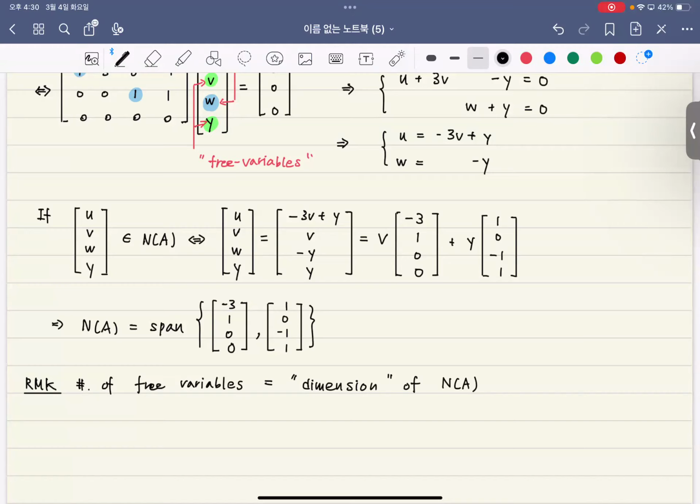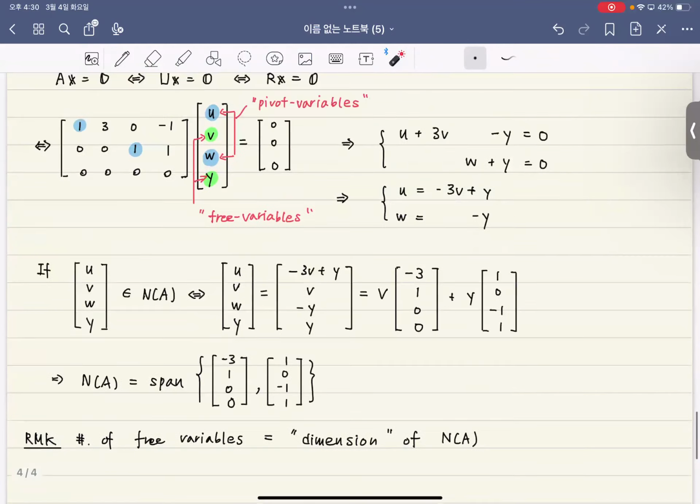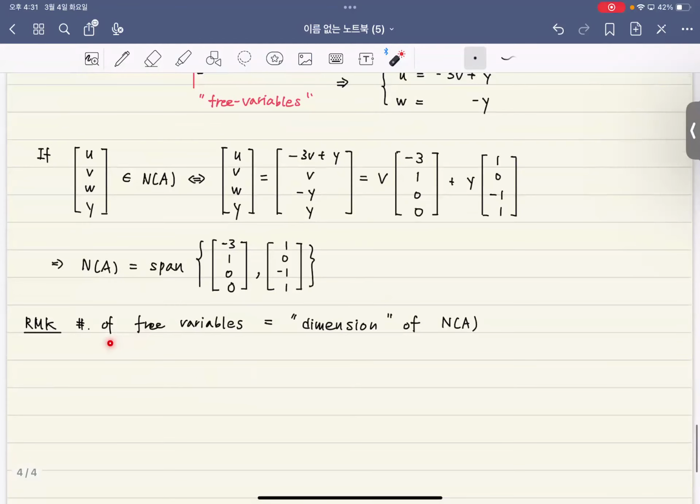But the number of free variables is the same as the number of dimensions of the null space of A. Can you see why? Because I have two free variables, these two v and y, and the number of vectors that generate the entire null space of A is the same as the number of free variables, right? So therefore, I can say the dimension of the null space is the same as the number of free variables, right? This is also a very good, very important observation.